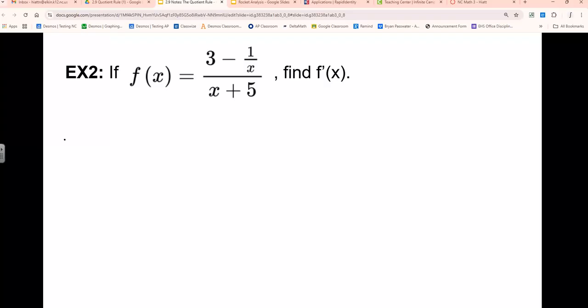So you have a few options for how to deal with this. I want to make it where it's not a complex fraction before I try to do the quotient rule. So we could either get rid of the complex fraction altogether, or we could change 1 over x and make it x to the negative 1 power.